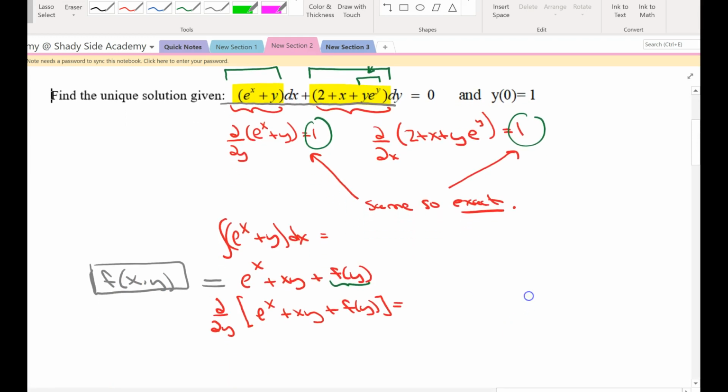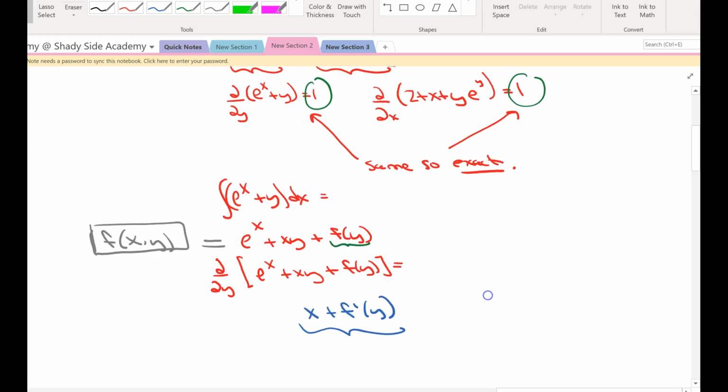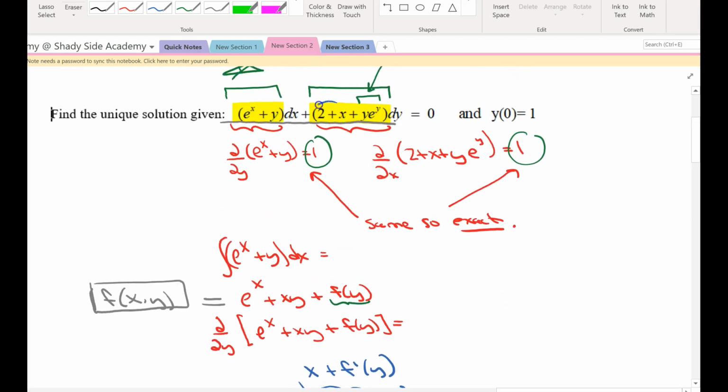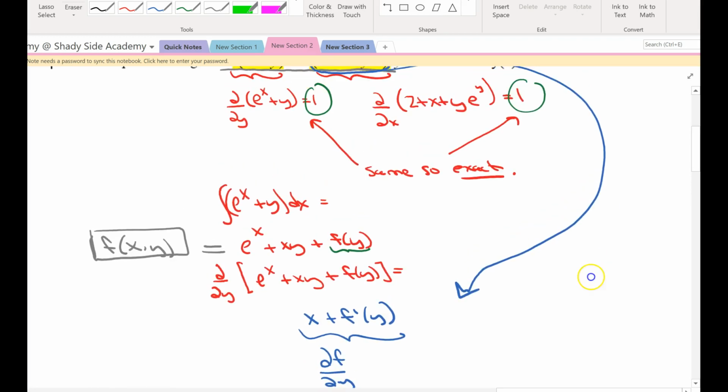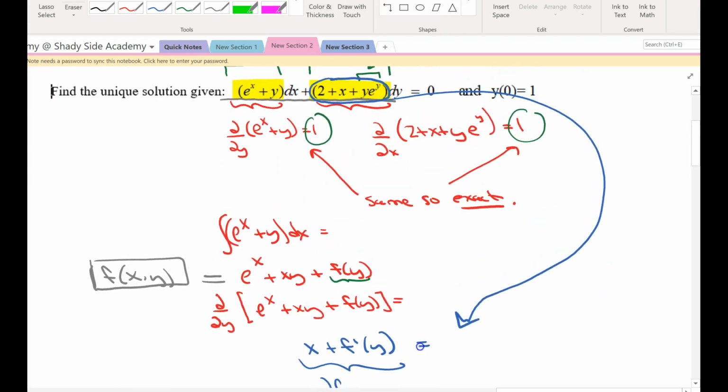And when I do that, I get x plus f prime of y. And don't forget, this here is the partial derivative with respect to y. But you know that this is the partial derivative with respect to y as well. So these two things must be equal.